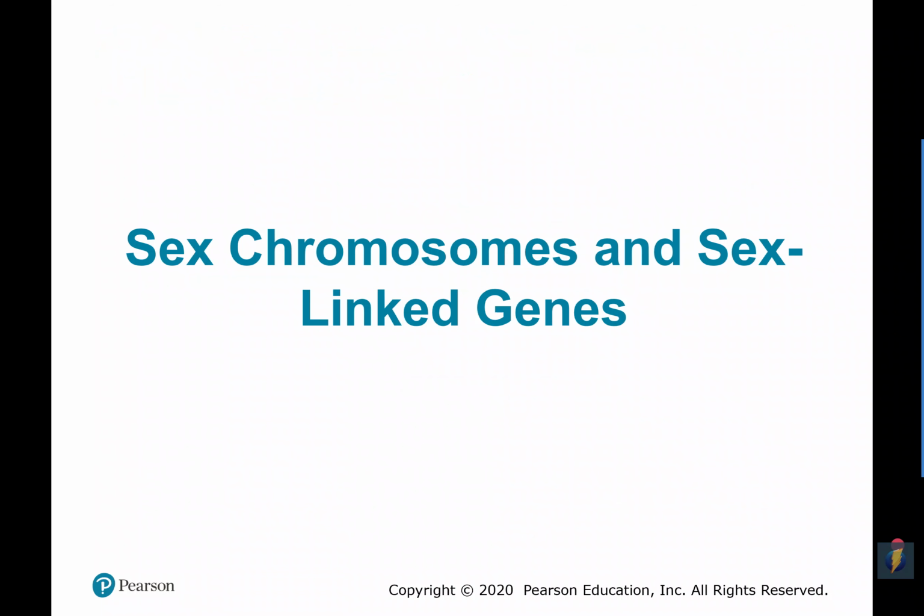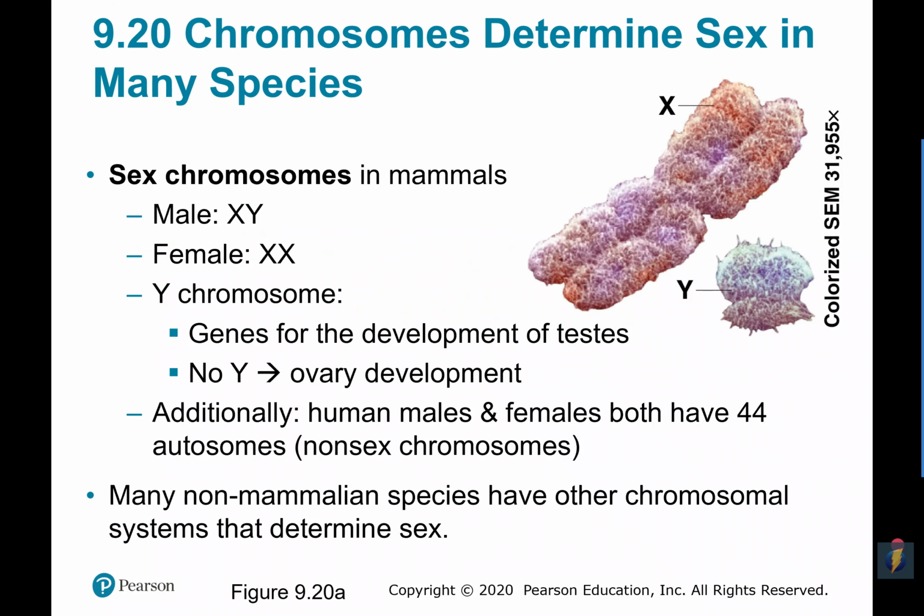So the other end of this chapter is about sex chromosomes and the genes that are linked to our sex chromosomes. So in mammals, the male has an X chromosome and a Y chromosome. The female gets 2 X chromosomes. The Y chromosome has all of the genes for the development of the testes.